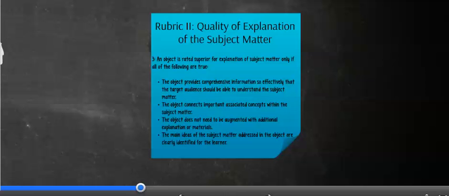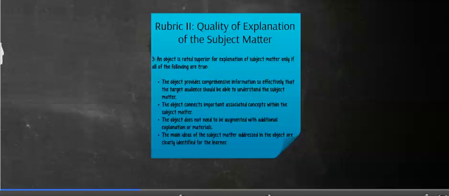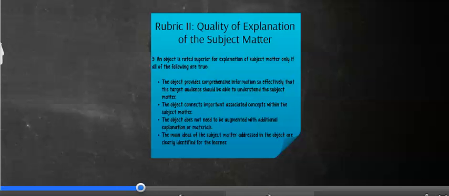The object does not need to be augmented with additional explanation or materials, and the main ideas of the subject matter addressed in the object are clearly identified for the learner. It was really interesting to see how the course content and the available scholarly articles for the OCW actually allow the students to read all the information that they need. They do not need to go to any outside sources or materials in order to understand the concepts at hand.